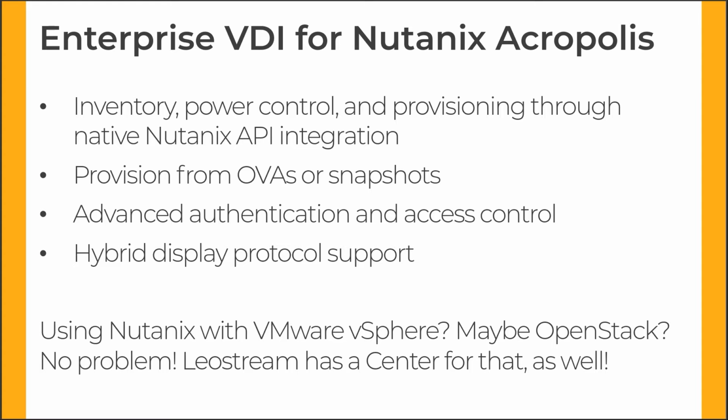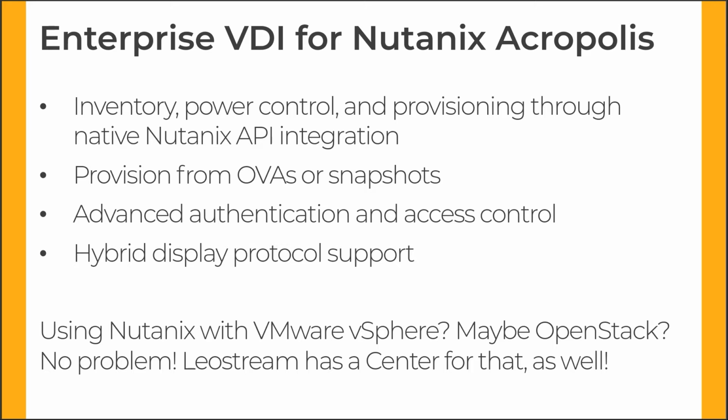The API integration that we added is specifically for AHV, the Acropolis Hypervisor. Now, you know that Nutanix, the management platform, can actually manage different types of virtualization hosts, such as vSphere. Not a problem, we already had support for vSphere.